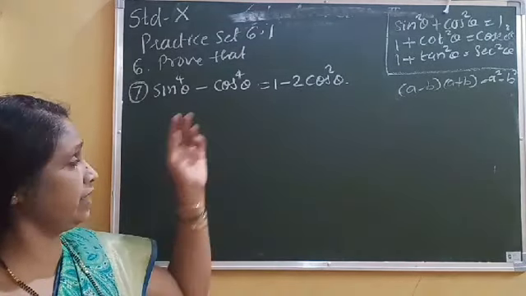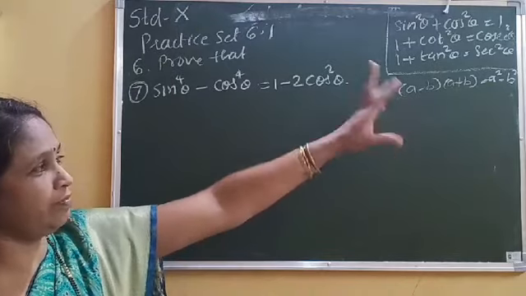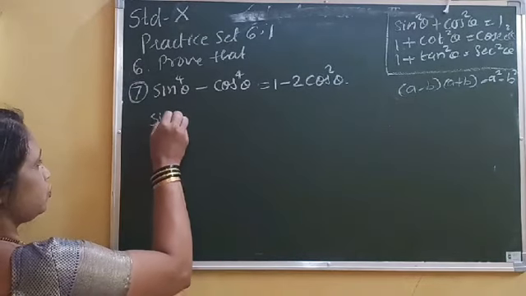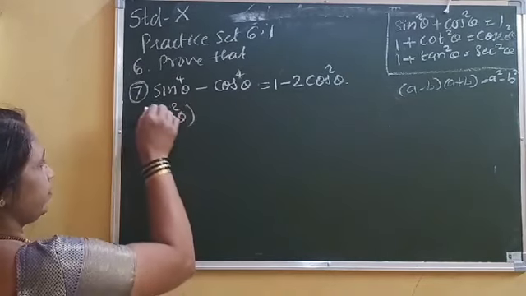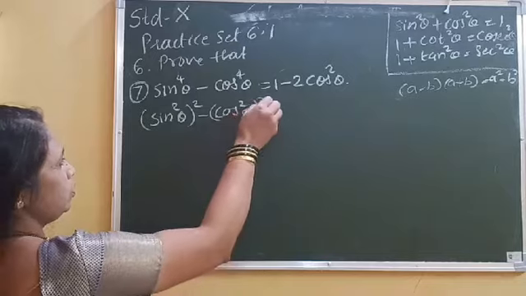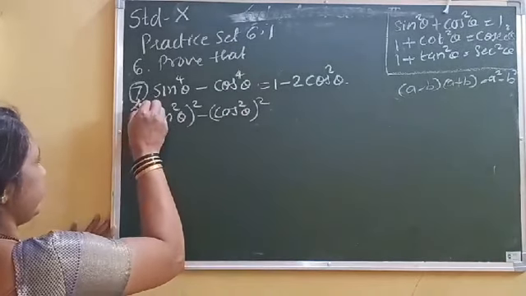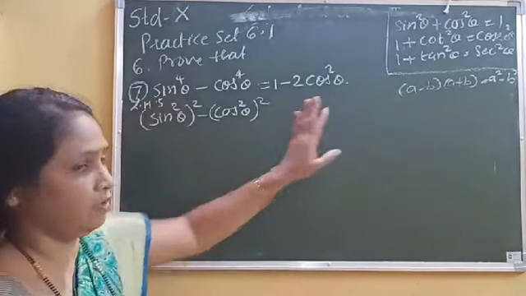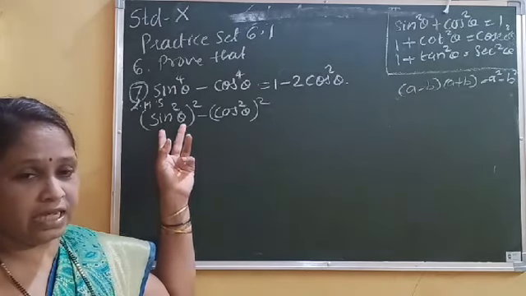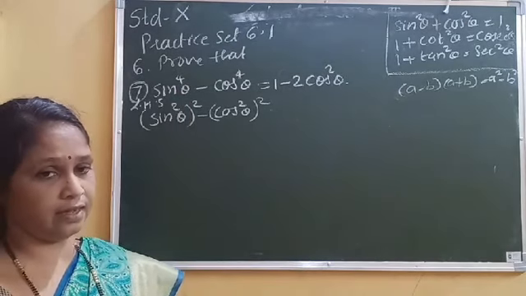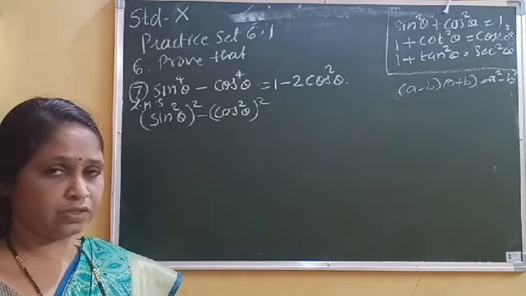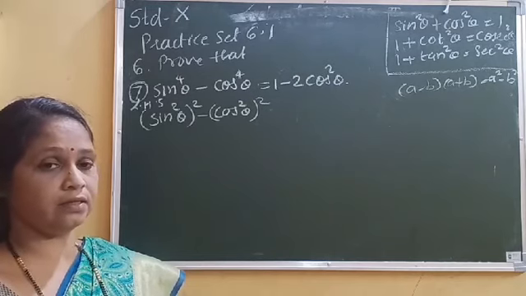Now see, this we can write as a square minus b square. How we can write this? Sin raised to 4 we can write in this way, minus cos raised to 4. This is the LHS. Now by taking the LHS side we have to derive the RHS side. We have written sin raised to 4 theta as sin square theta raised to 2 minus cos square theta raised to 2.